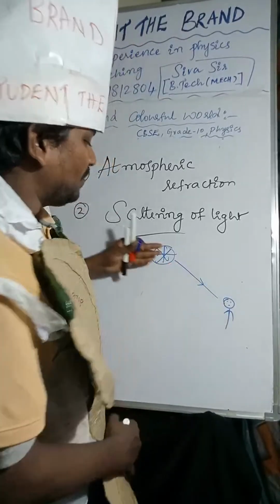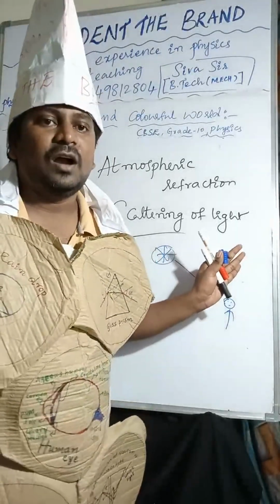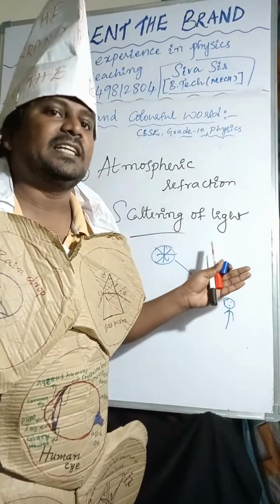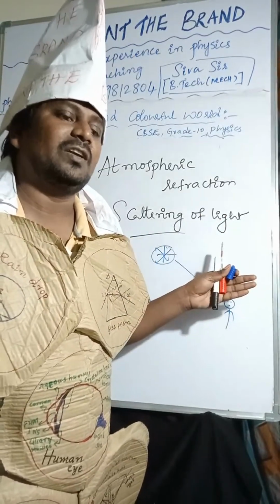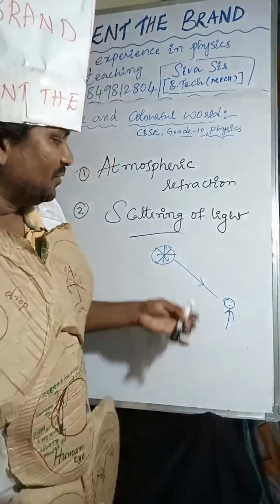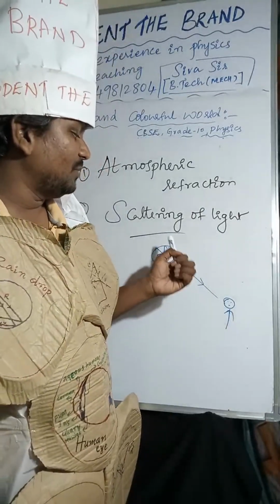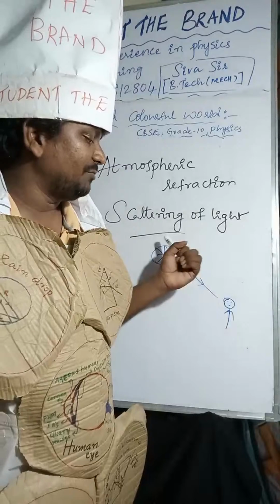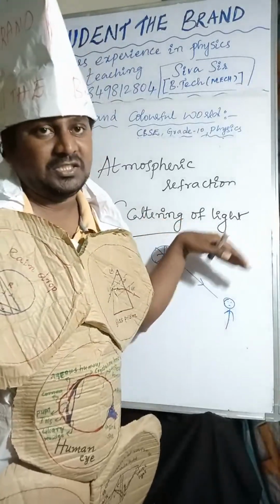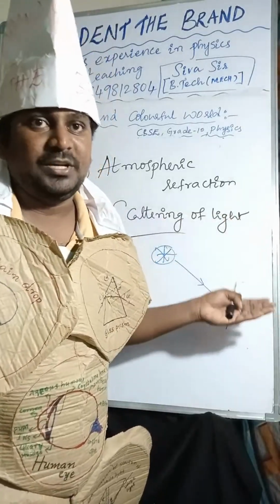The particles present in the atmosphere are not constant. Each and every time it changes. So when the light ray is coming from the star to us, there are so many refractions by the atmosphere.